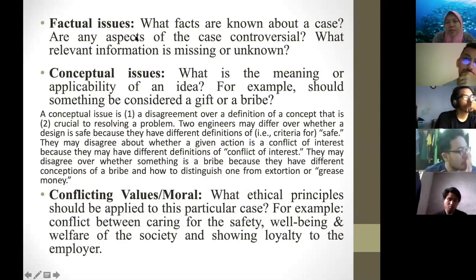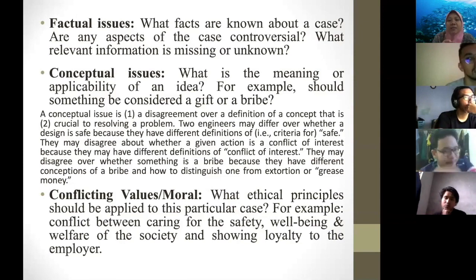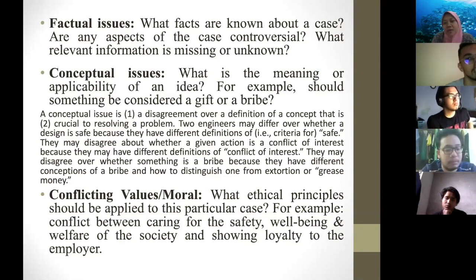A factual issue means what facts are known about the case. When I say facts, it's clear. It must be stated. For example, 5 tons of toxic waste are being dumped into the sea. So it's factual. It needs to be very clear, written in the case study, what the facts are.